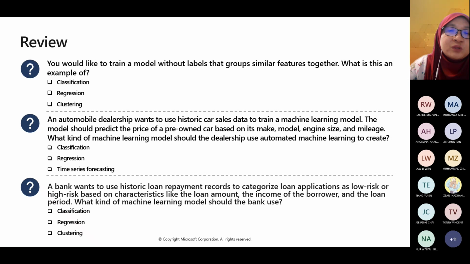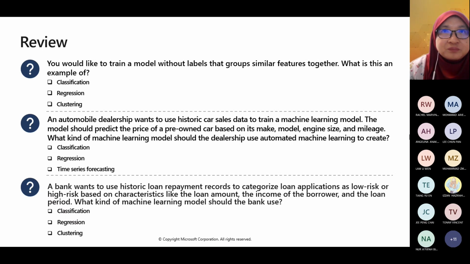Okay, again, this is for historic car sales. You nak trainkan machine learning. So which machine learning model do you want to use? You want to predict the price of pre-owned car based on make, model, engine size, and mileage.